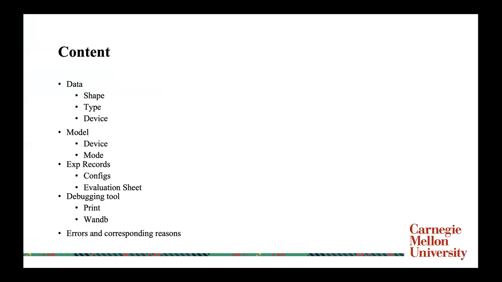After that, we will talk about what you should record when tuning the parameters. This is very important, especially for the following homeworks 2, 3, and 4, or even your project, where you need to spend more time on parameter searching.